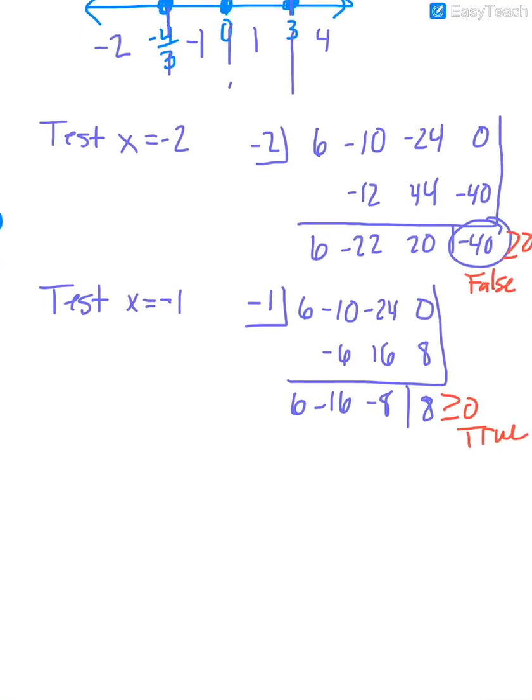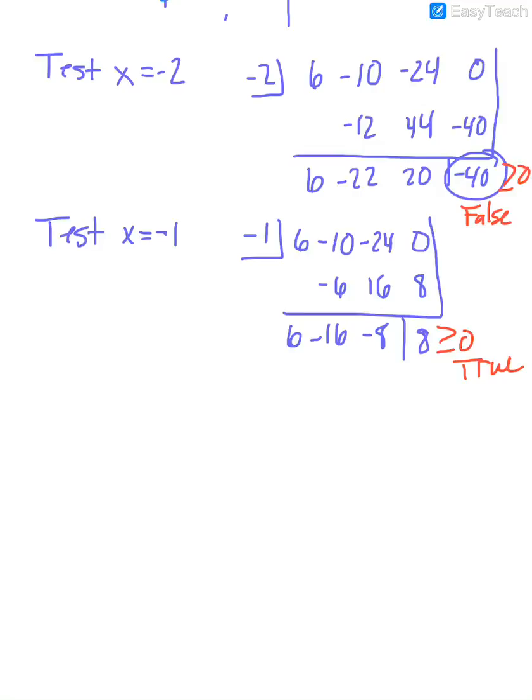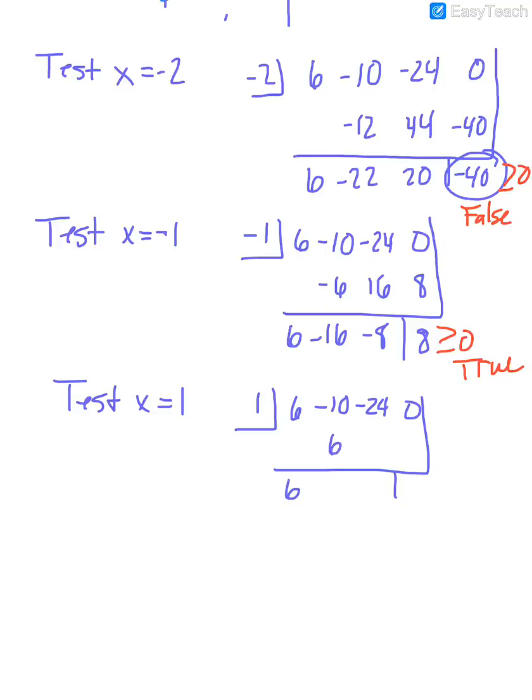Okay, let's scooch this down a bit. So I'm going to test x equals 1. So 6, -4, -4, -28, -28, -28. So that is not greater than or equal to 0, so that's false.